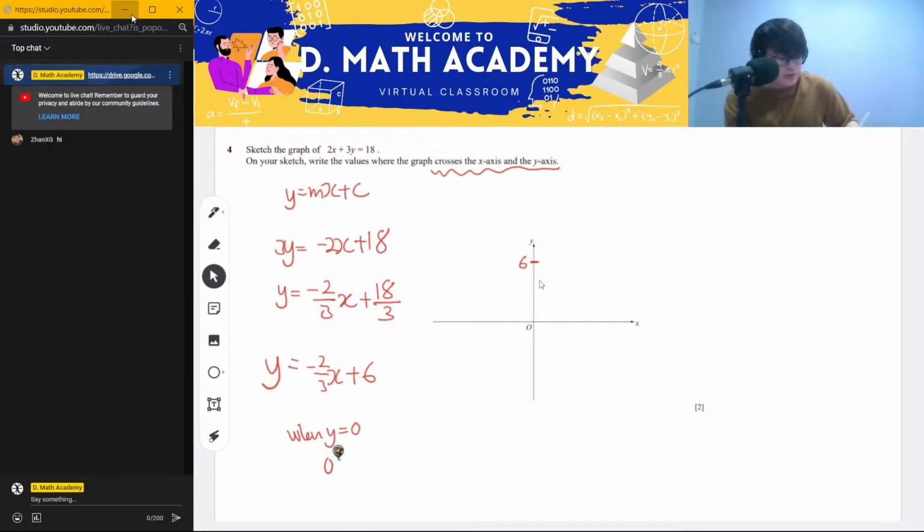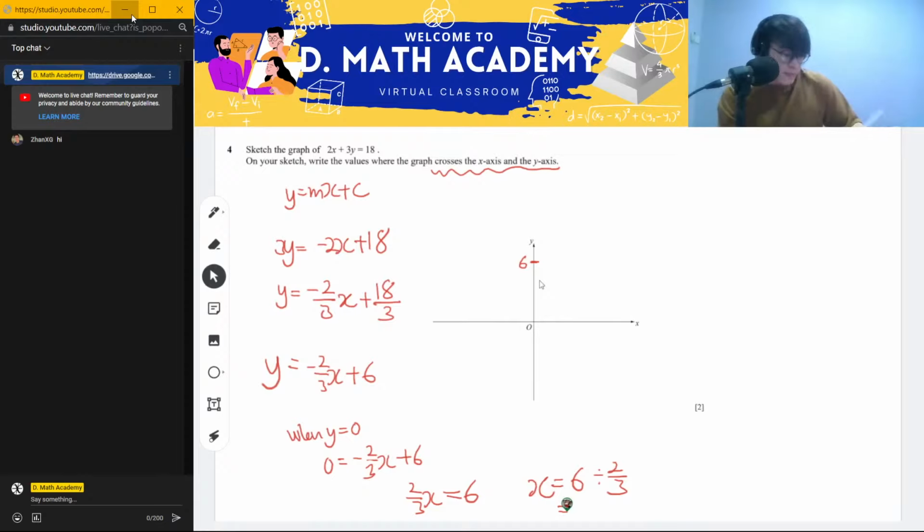So 0 equals negative 2 over 3x plus 6. We adjust it, throw the entire 2 over 3 to the other side. So you have 2 over 3x equals 6 here. And your x will be 6 divided by 2 over 3. So key in 6 divided by 2 over 3. You ended up with 9 at the end.